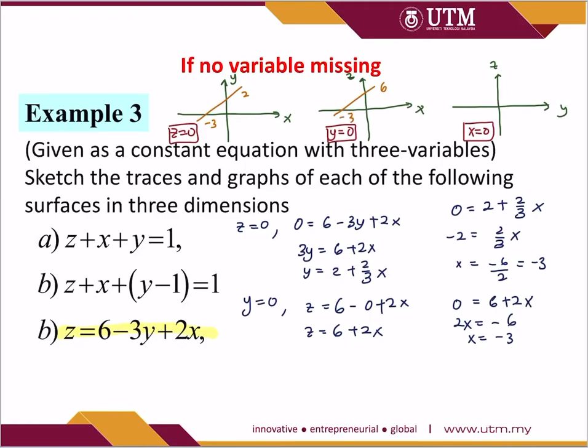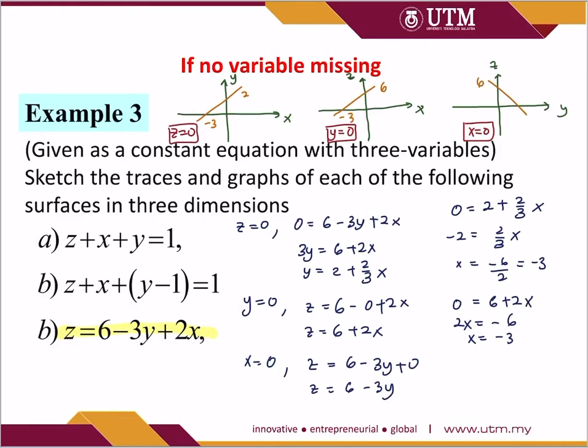Alright, so next one, we look at x equal to 0. Then it will be z equal to 6 minus 3y plus 0, so we have z equal to 6 minus 3y. This time it is a negative slope, and it intersects at 6.